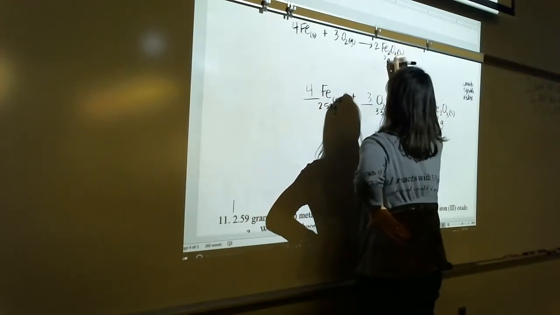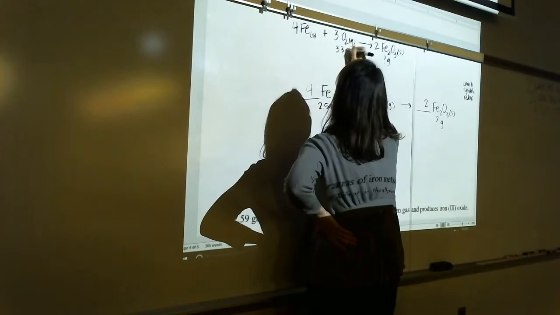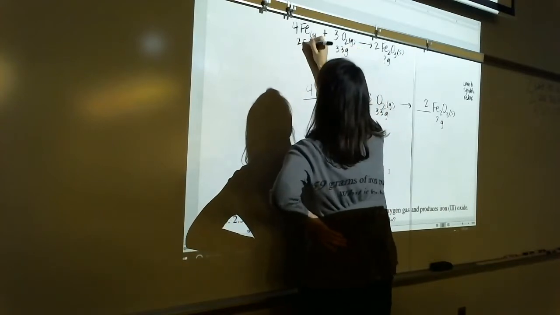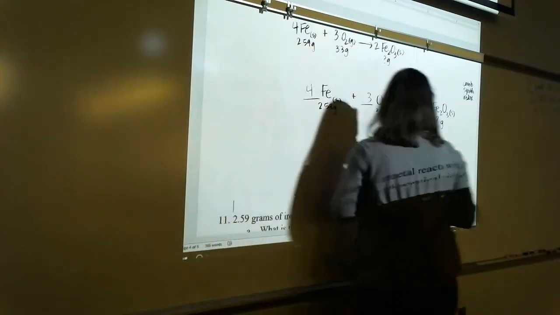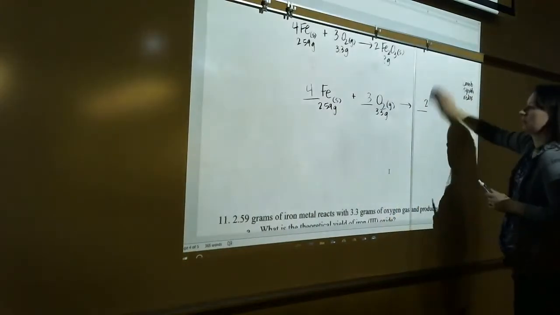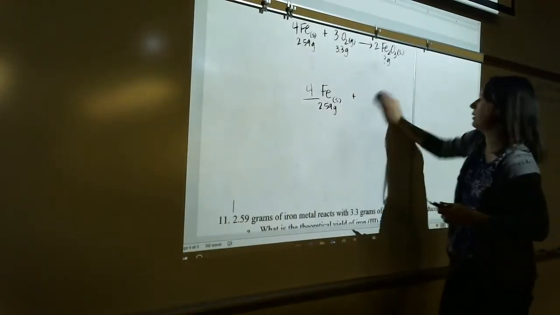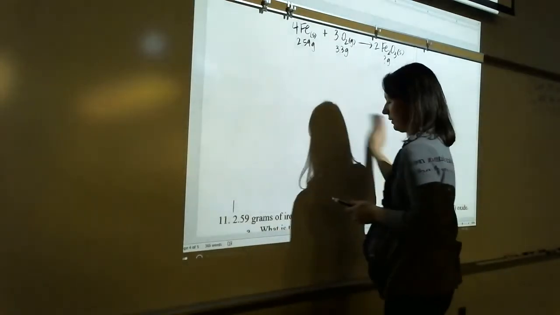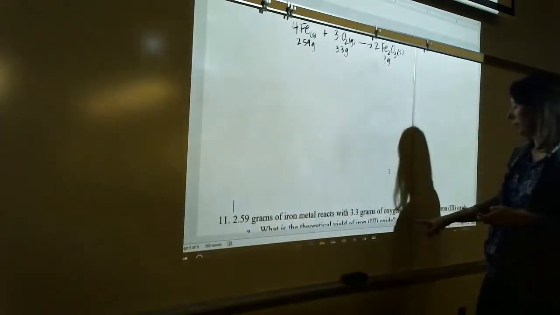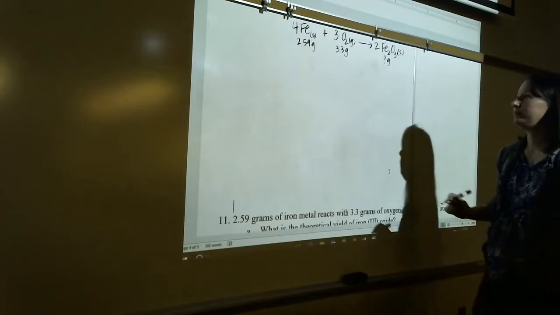This is what I'm interested in. 3.3 grams, 2.59 grams. I've got to do the stoichiometry times 2, because I have to figure out which substance is the limiting reagent. The problem even asks.